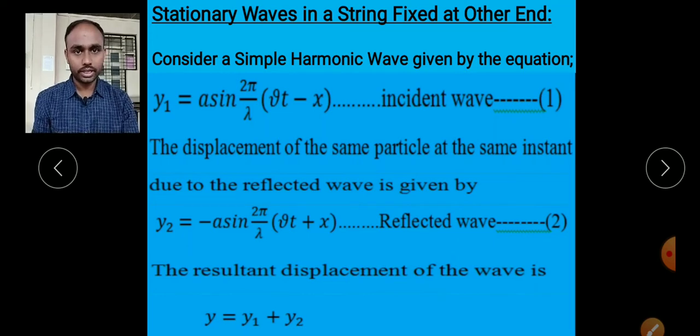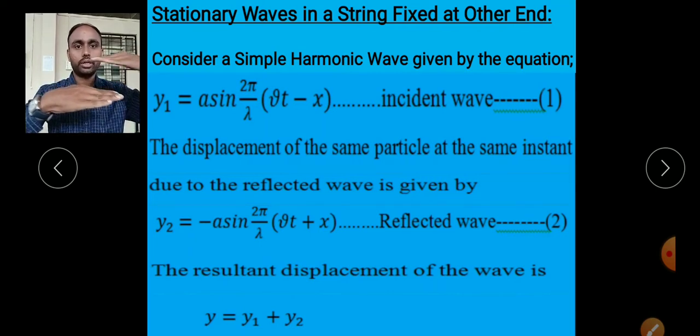As in the first case, the resultant will be the addition of y1 and y2. That will be the resultant displacement of the stationary wave. The incident wave and the reflected wave are both plane progressive waves, moving in opposite directions and superimposing on each other, and therefore they form the stationary wave.